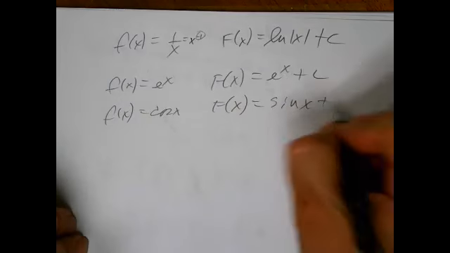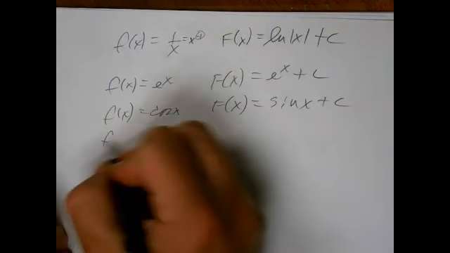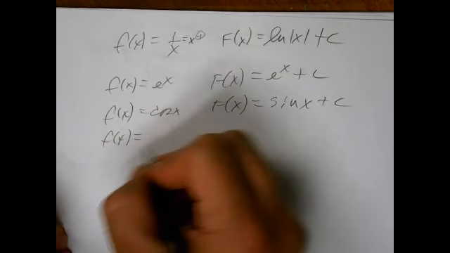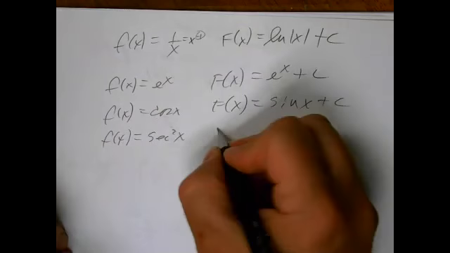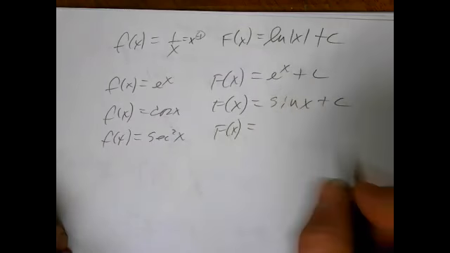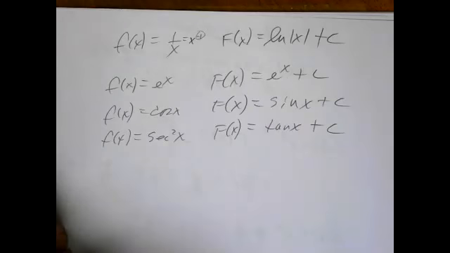And I also hope you remember to give the c so we can have the most general form. Okay, if f of x was equal to secant squared of x, I hope you remember that you take the derivative of tangent to get secant squared, and don't forget that constant.